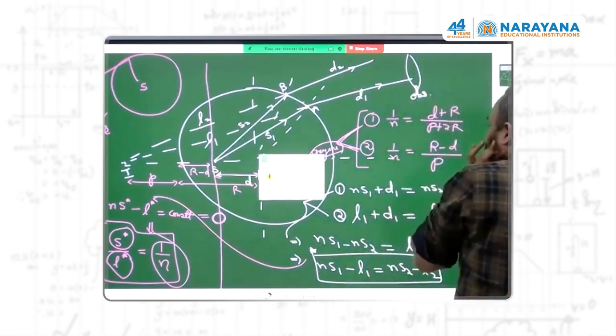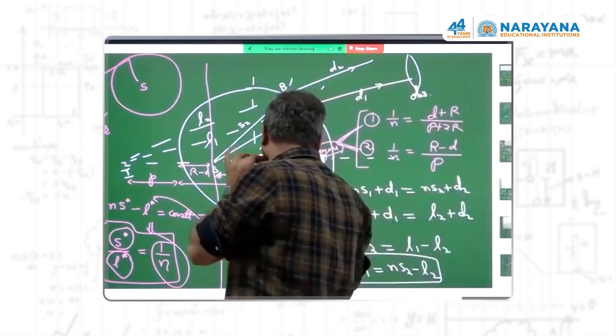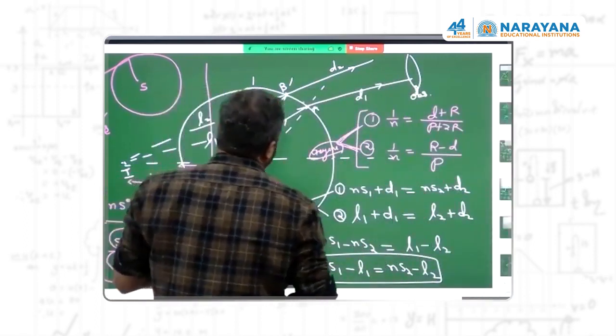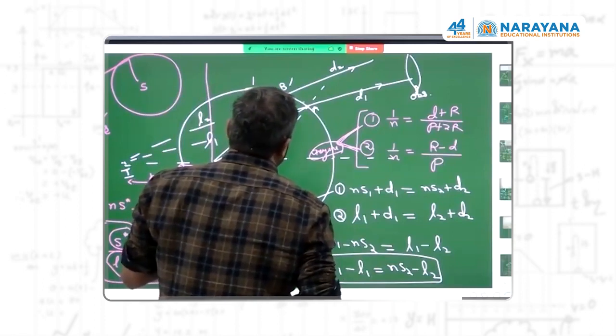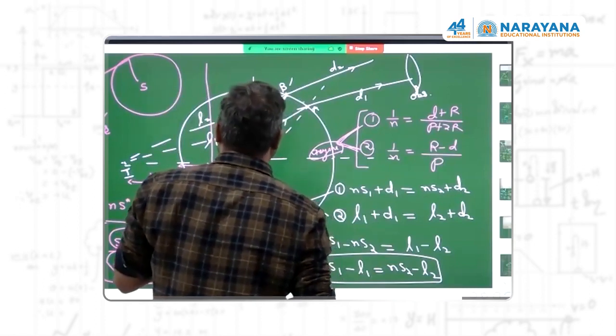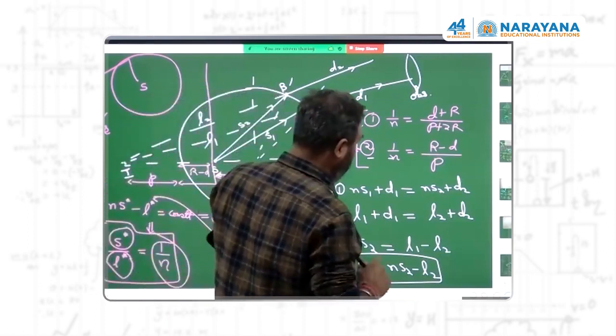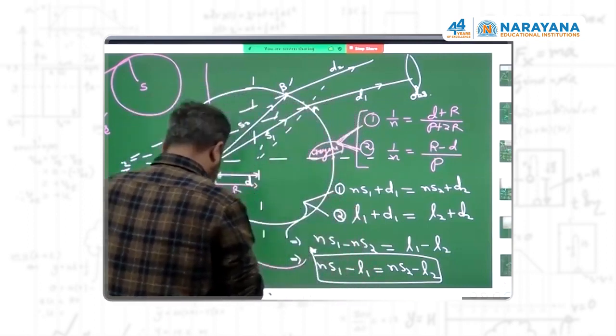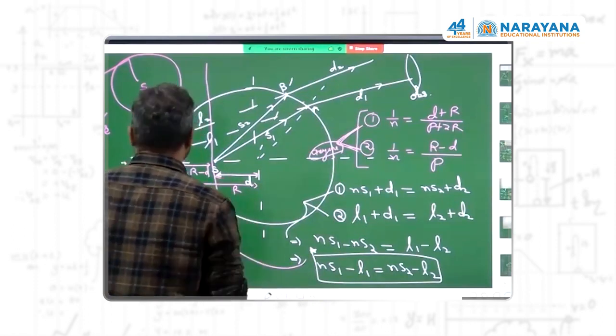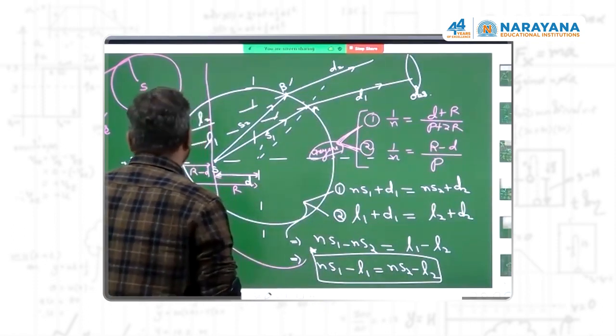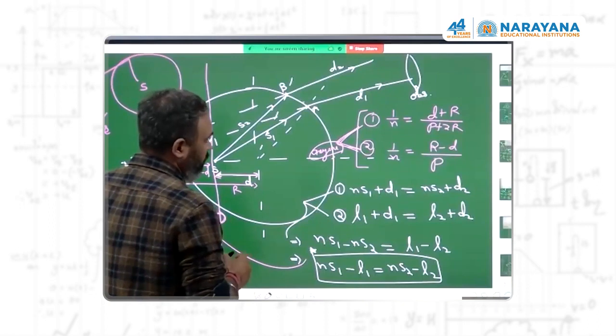Very nice idea-based problem. And the same thing which I have written here can be analyzed again by geometry through Snell's law also. Maybe in the next class, I'll try to analyze this problem by method 2 also for all of you.